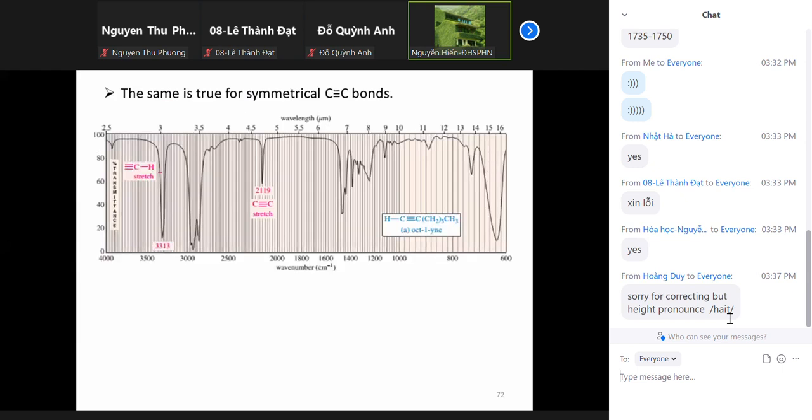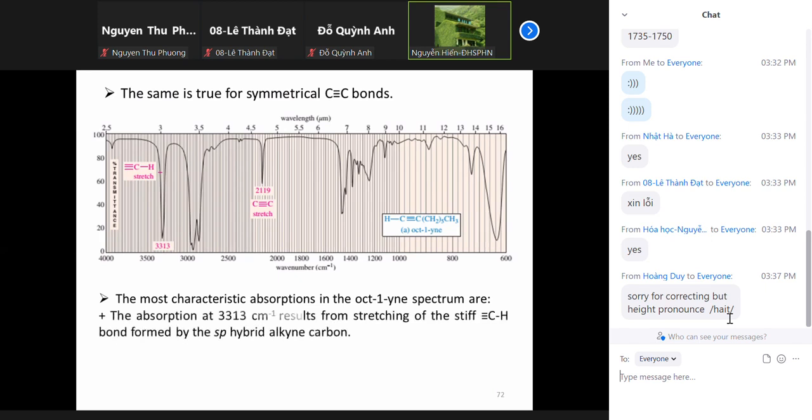Okay, the same is true for symmetrical CC triple bonds. So in this slide, you see the infrared spectrum of an alkyne, in this case a terminal alkyne. And the most prominent absorptions in the spectrum are the following.